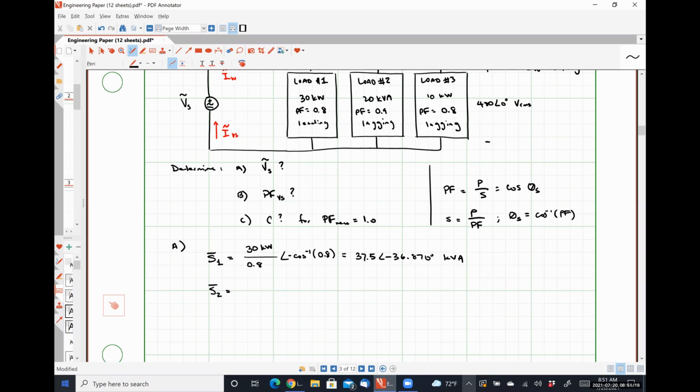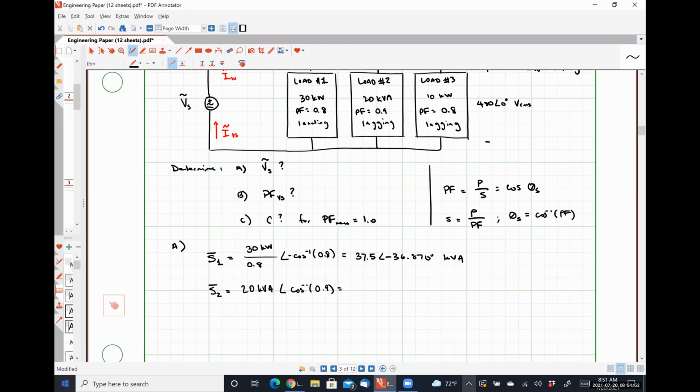So we're already given the magnitude, so we should not be dividing by the power factor in this case, because we already know the magnitude explicitly. It's given to us as 20 kVA, right? So we would just have 20 kVA with an angle of inverse cosine 0.9. And because our power factor is lagging, we do not need to include a negative sign before the inverse cosine.